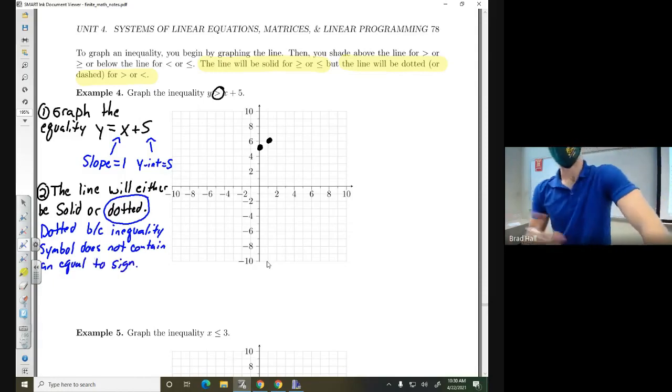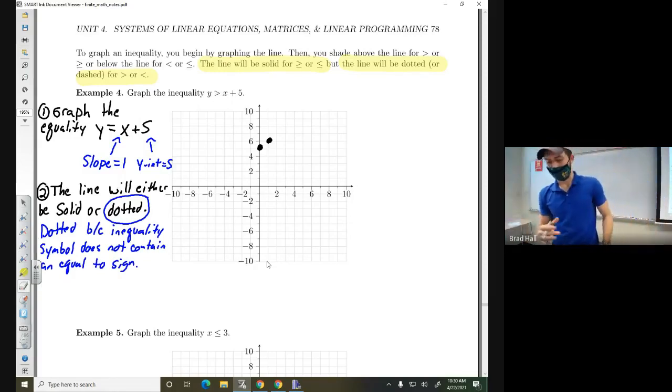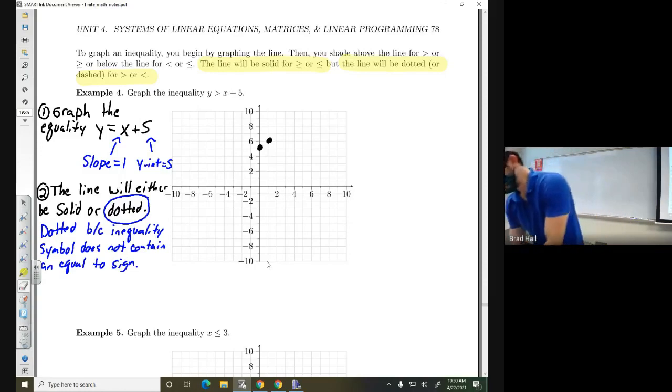That's it. That's all there is to this one. All we have is greater than, not greater than or equal to. So when we draw this line, we're going to be drawing it really as a dotted line, not as a solid line.